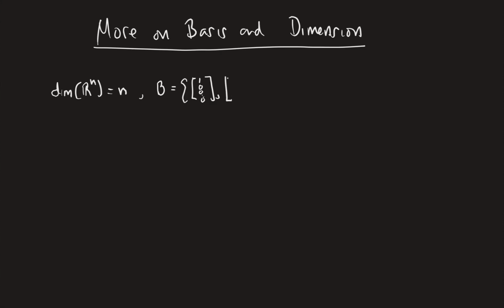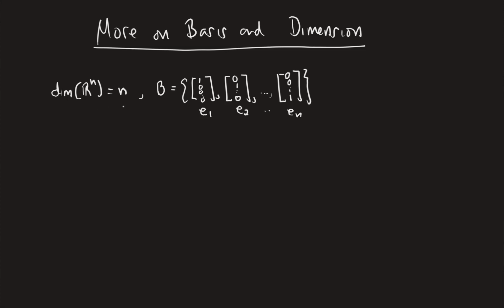And then you'll have 0, 1, dot, dot, dot, all the way down. You have 0, and then dot, dot, dot. And you'll have 0, 0, dot, dot, dot. And then the very last entry there will be your 1. And then these are the vectors that we can denote as E1, E2, dot, dot, dot, En, right? Yeah, so those are the standard basis vectors for Rn.